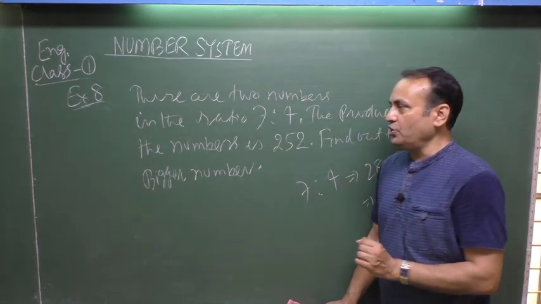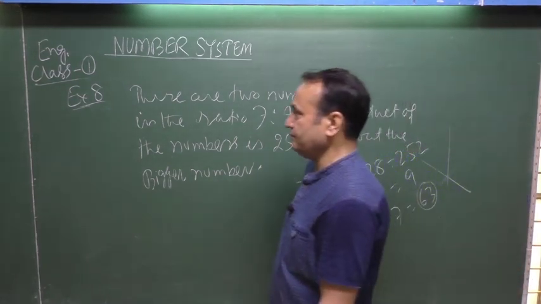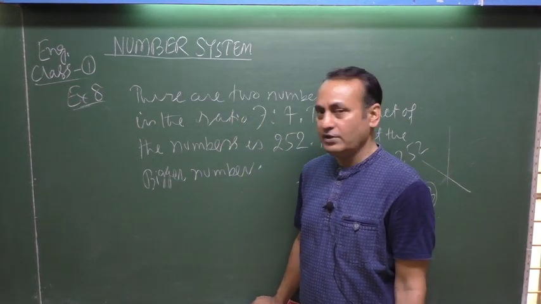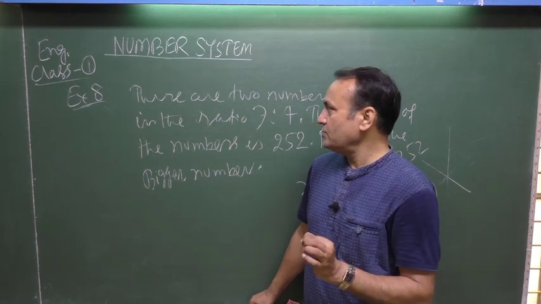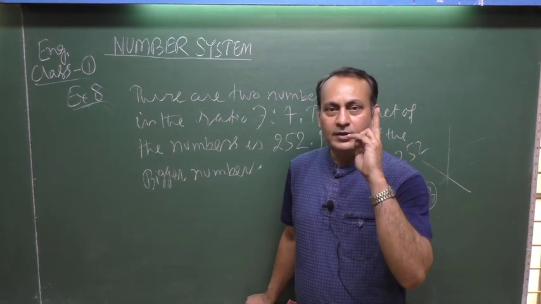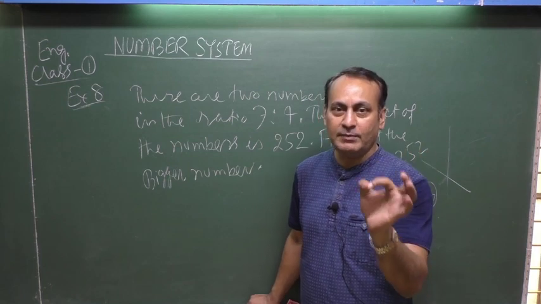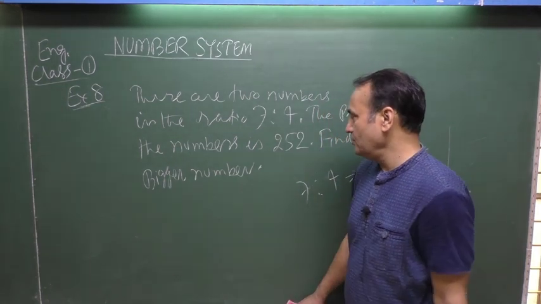I am going to dictate one note. Write down. I am going to dictate one point, one note. Write down. Let's start. If two numbers are in the ratio, this is note.